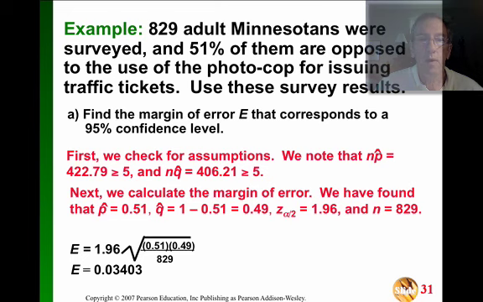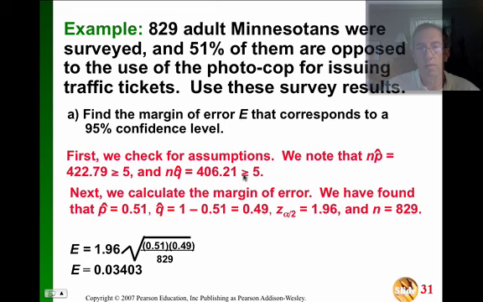So we want to find an error estimate or a confidence interval around 829 adult Minnesotans, 51% of whom are opposed to the use of photocop. We first check our assumptions and make sure that N times P hat is greater than 5, and here it's 422.79, and N times Q hat is 406.21.